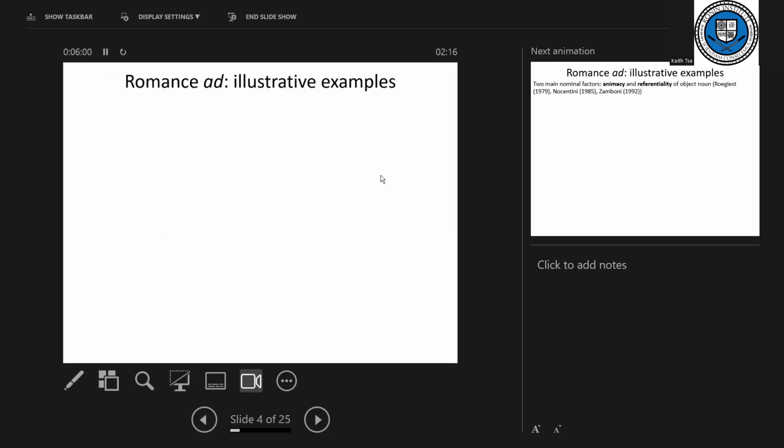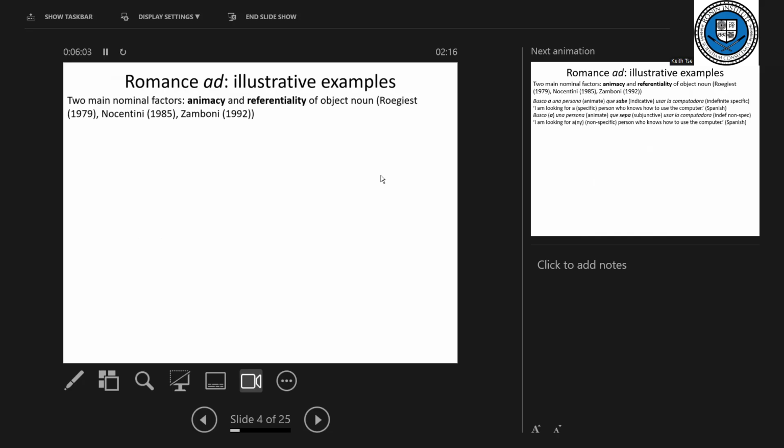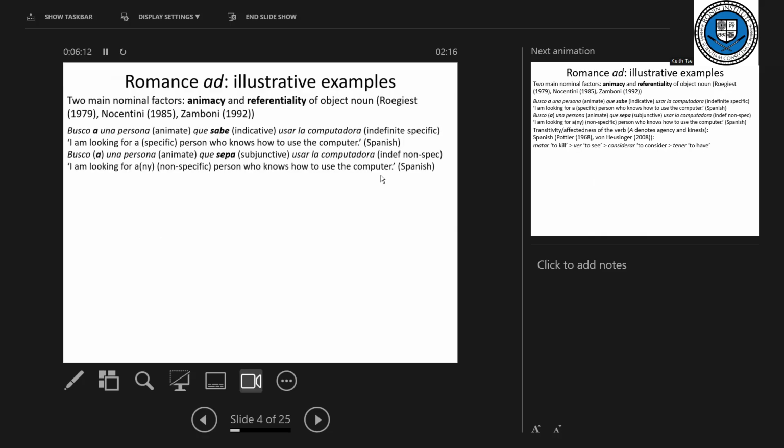Just to illustrate some examples of Romance a. There are two main factors, as mentioned: the animacy and the referentiality of the object noun. A famous example in Spanish shows that you can say 'busco a una persona que sabe', or 'busco una persona que sepa usar', without a.